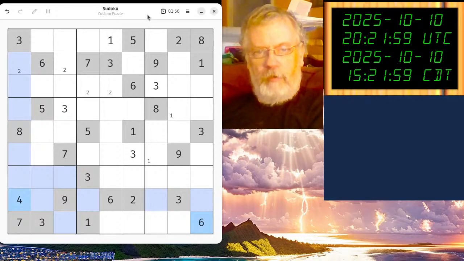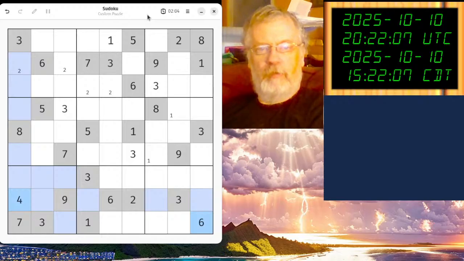Just looking around, I've got lots of squares that have 4 possibilities or 3 possibilities. Some with 5, lots with 5, a couple with 6, even a 7 possibility.